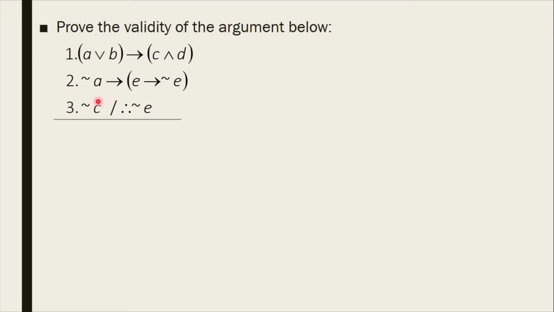Now, when I take a look at number 3, which is not C, we have C in number 1. Now, in order for us to get this later on, I will add a statement here for premise number 3, and the statement that I will be adding to not C will be not D. Why?